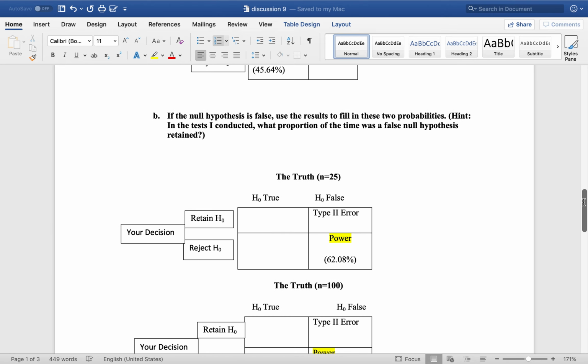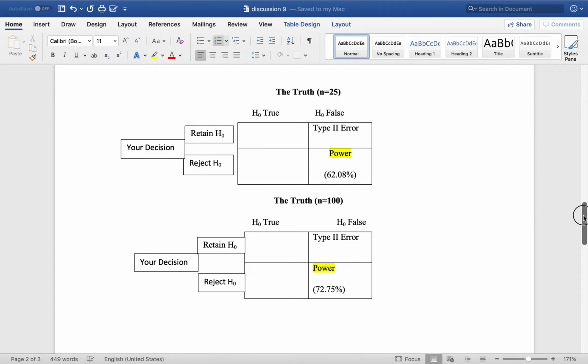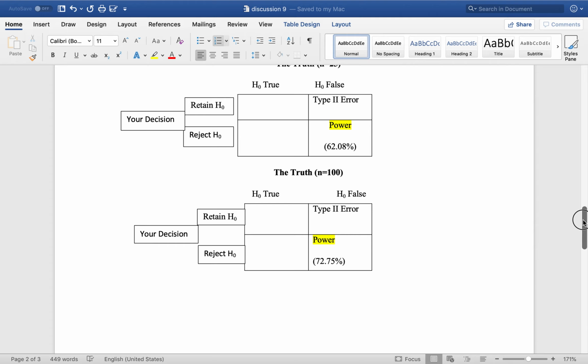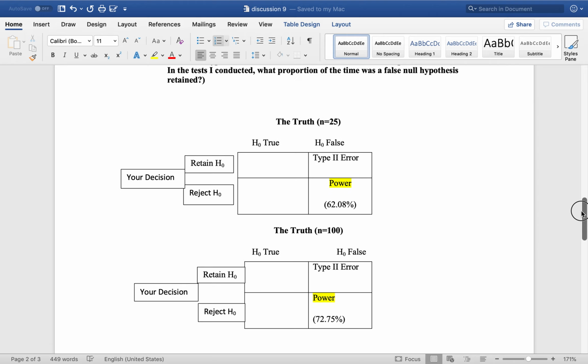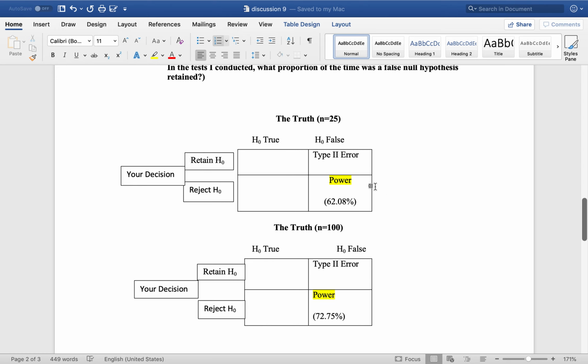If the null hypothesis is false, we'll use these 3. We'll use power and type 2 error to figure out if we'll retain or reject our hypothesis. For n equals 25, I saw that the p-value was 0.6208, and so I chose power, which is the probability of correctly rejecting a false null hypothesis.